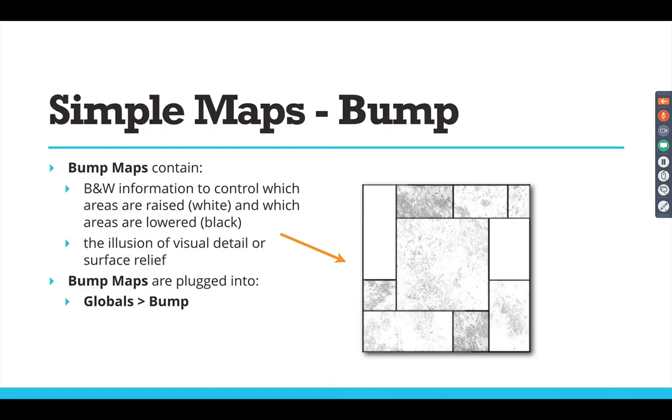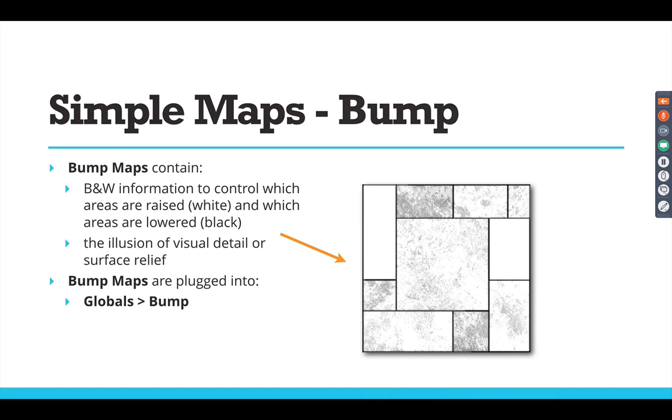Okay, bump maps. Bump maps are very simple maps. They are black and white also. Anything you want to look like it's embossed or etched into the surface is black. Anything you want to look like it's being raised up off of the surface is white. Now, with a bump map, if you want no effect at all, no surface relief, that would be 50% gray. 50% gray is right down the middle.